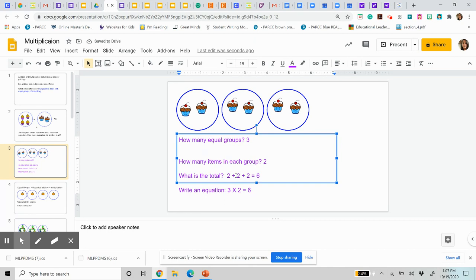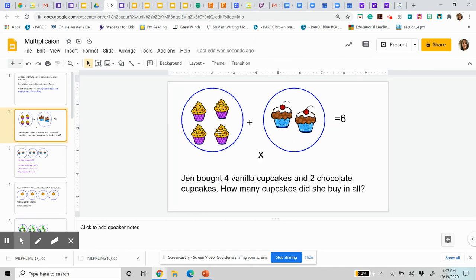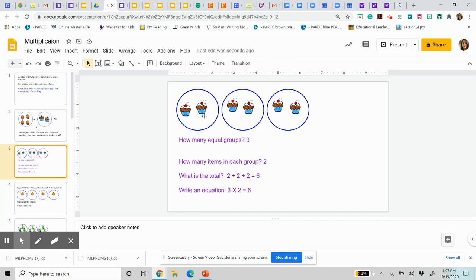So these are both equations, and notice we get the same answer here. Now we couldn't do repeated addition in the cupcake problem. It wasn't 4 plus 4, it was 4 plus 2. But here, we could do repeated addition, 2 plus 2 plus 2 equals 6, or we could do multiplication, 3 groups with 2 in each group equals 6.